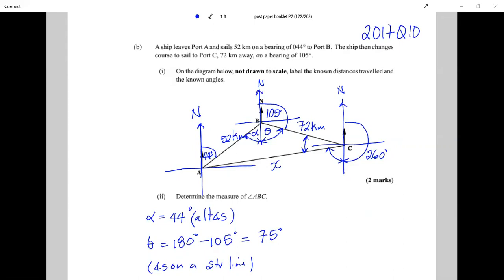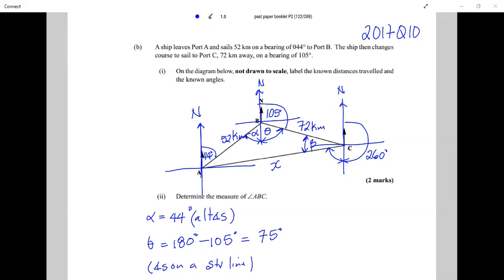I think any way of finding that angle involves finding this angle first. Let's call it beta. Beta is part of the triangle.